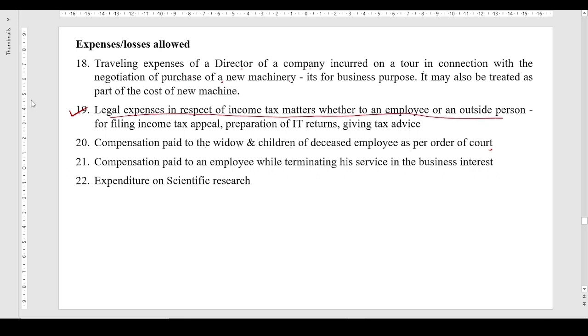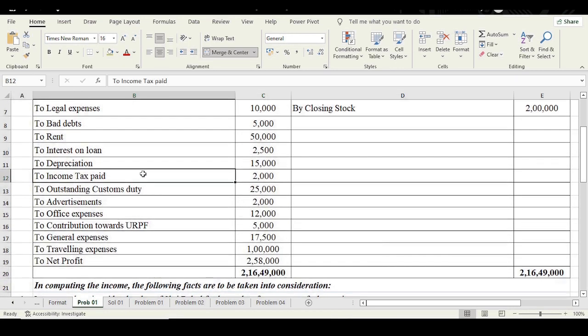Whether you're paying these legal expenses to the employee of the business or to an outside person for filing an income tax appeal, preparation of income tax returns, or giving tax advice, it is an allowable expenditure. So even though income tax is not allowed because it's a personal expense of the businessman, any amount paid as legal expenses is an allowed expense. As such, this is allowed.